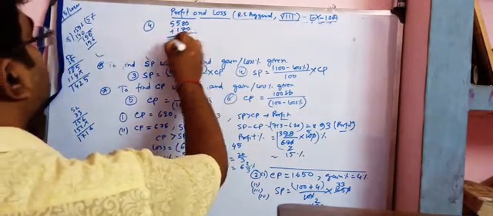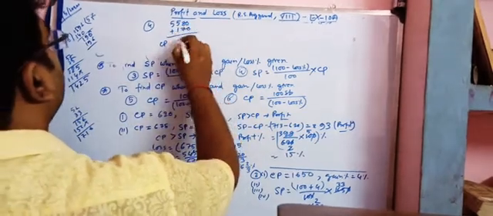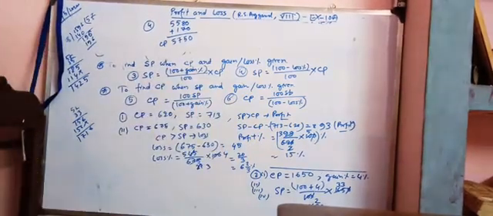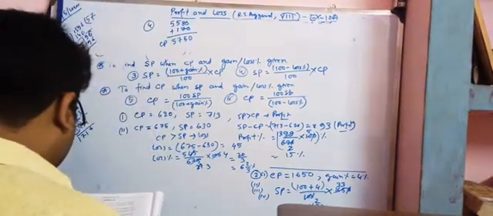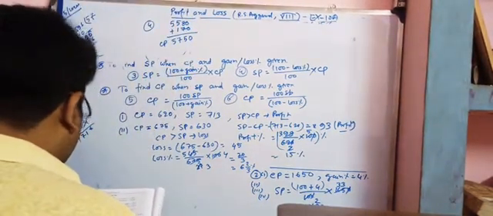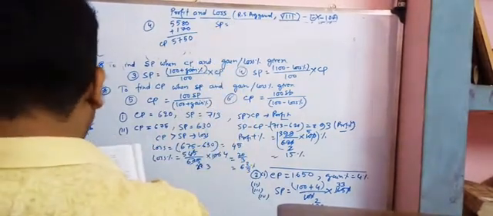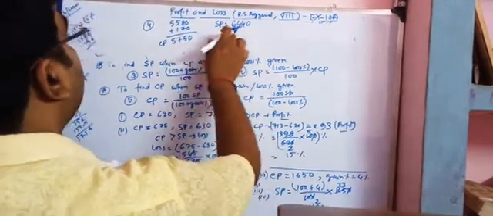So the total cost price, this is my cost price, is 5750. Sale price is 6440. So here a gain occurs, we are getting a gain.